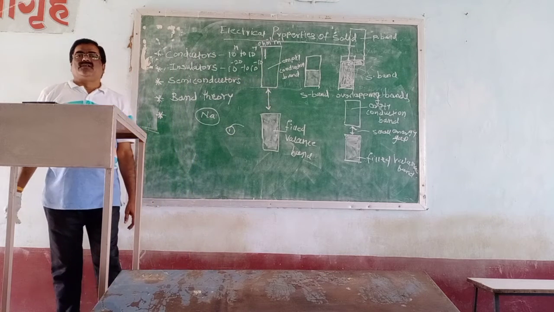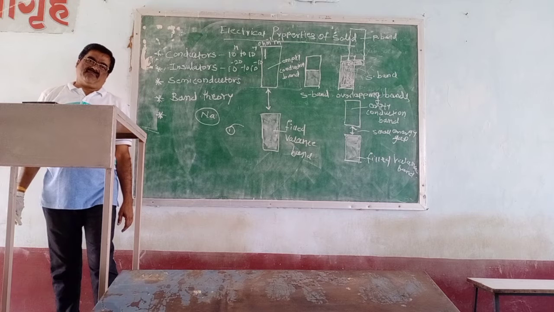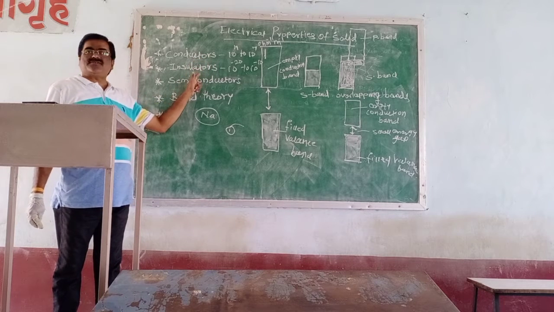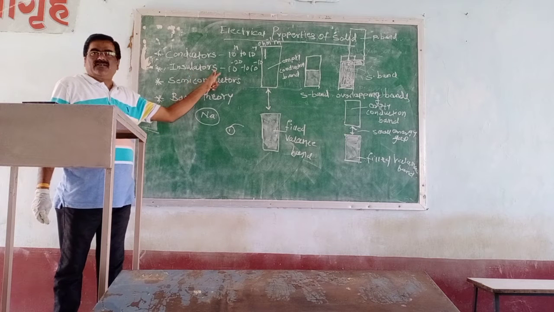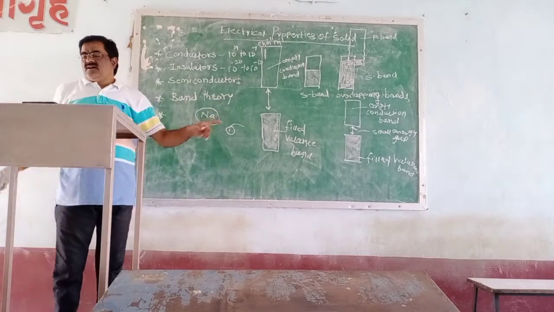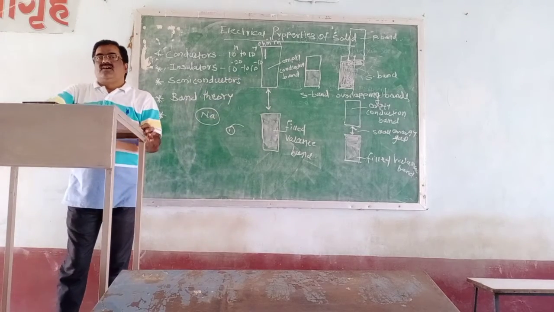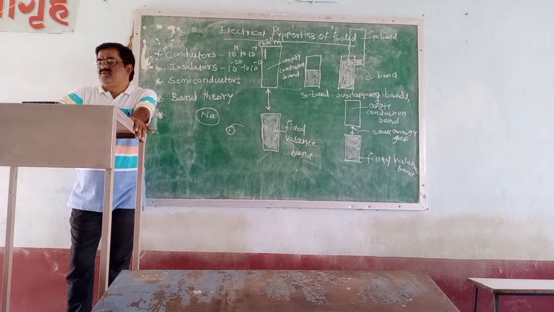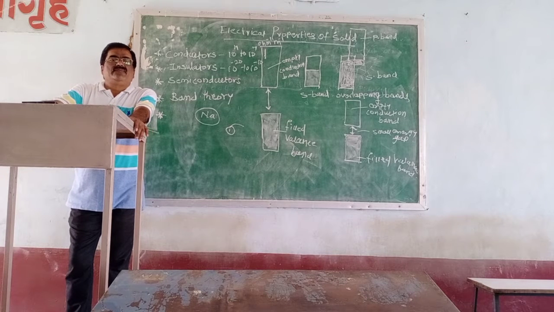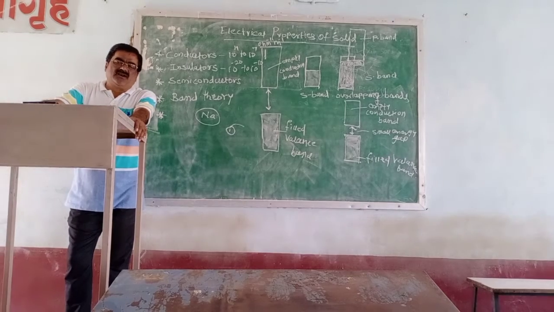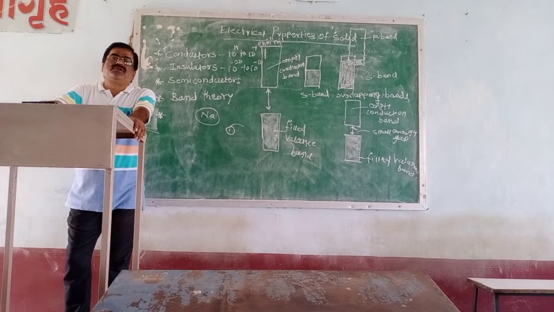When we compare the conductivities of the conductors and the insulators, we see that the insulators have less conductivity. Hence, these solids are called insulators. Most of the non-metals and molecular solids belong to the insulators.